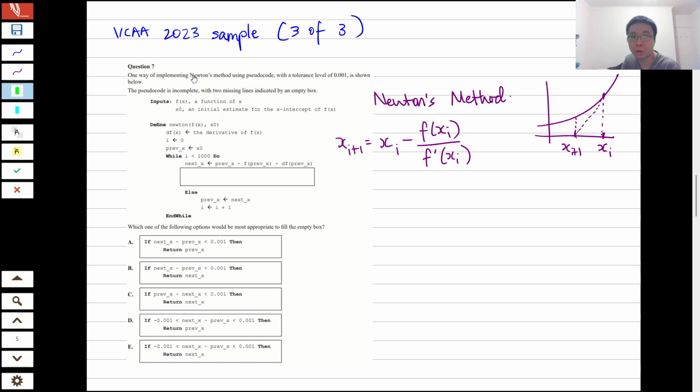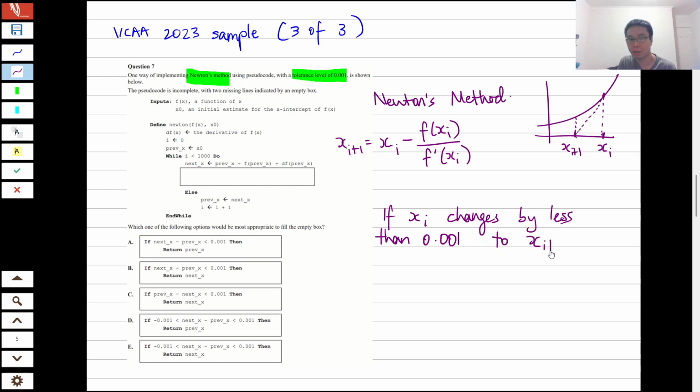So, we are told we're implementing Newton's method with a tolerance of 0.01. What this means is, if my initial guess changes by less than 0.001, then we terminate the algorithm and return whatever guess we have.